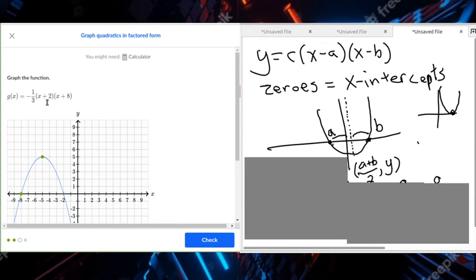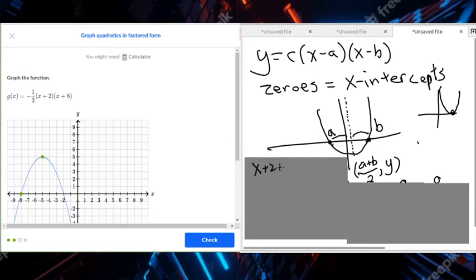I can just eyeball it, but we can see from the leading coefficient, it's negative, so it's going to be opening down. Then we want the zeros, the x-intercepts where y equals 0, so we're going to use the zero product property.